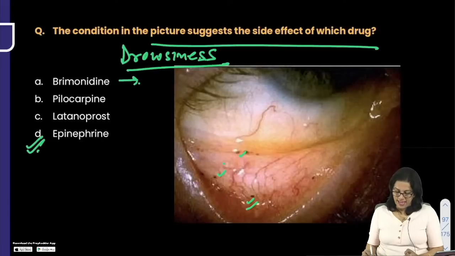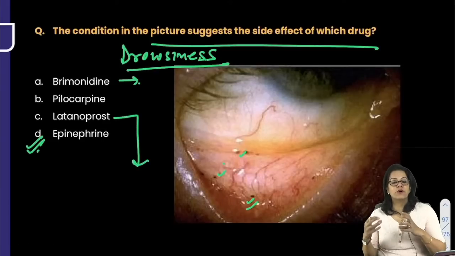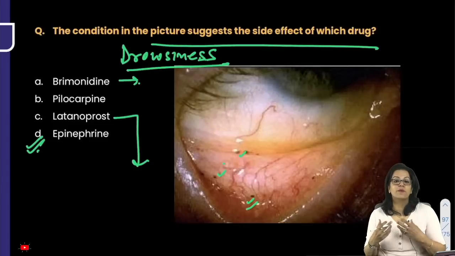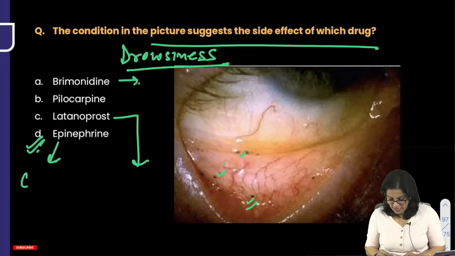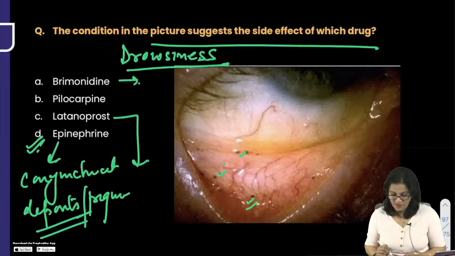And latanoprost, the eye in which you give it, you all know there will be iris pigmentation. If it is conjunctival pigmentation, then it is not latanoprost. Conjunctival deposits or pigmentation, you will answer alpha agonist, that is epinephrine.